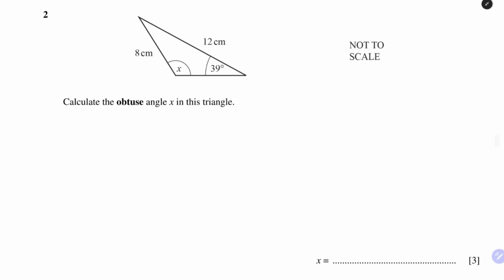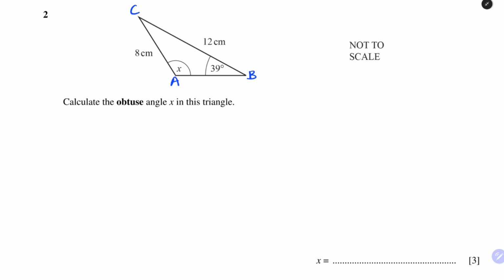Okay, let's move on to the second question. Here we are told to calculate the obtuse angle X in this given triangle. Again, for convenience sake, you could label your triangle and we'll have A, B, and C. So here we are being asked to find the angle at A, which is angle X. What do we know?